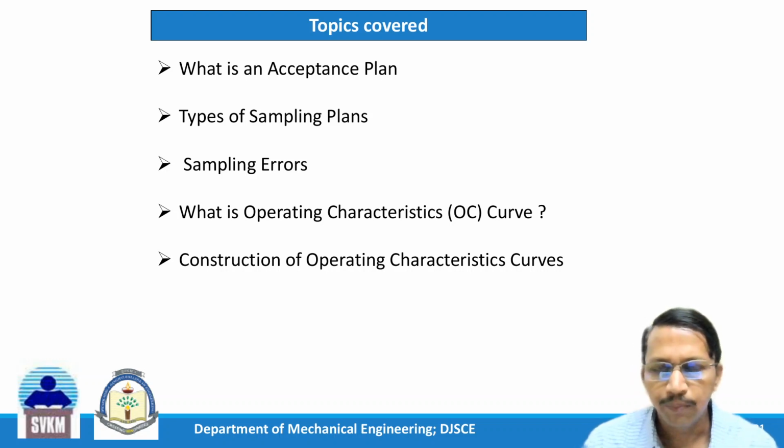The topics that should be covered in this session are: what is acceptance sampling or what is an acceptance plan, types of sampling plans, sampling errors, what is an operating characteristic curve, and construction of the operating characteristic curve.